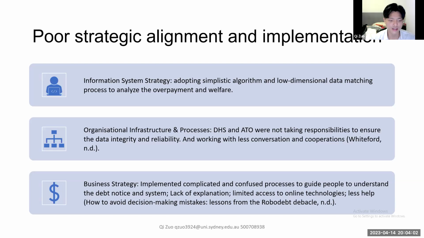The last is business strategy. They implemented a complicated and confusing process for people to understand the debt notice system. They also didn't give much explanation to people involved in the scheme, and provided very little help desk support for people affected by the scheme.